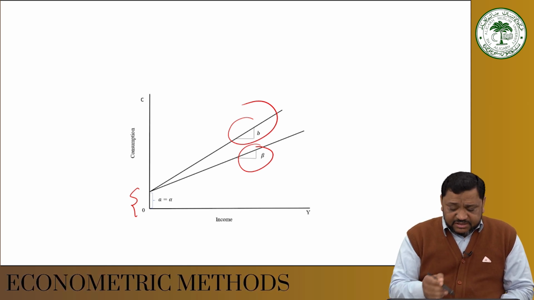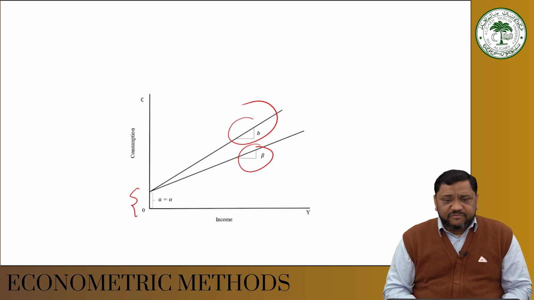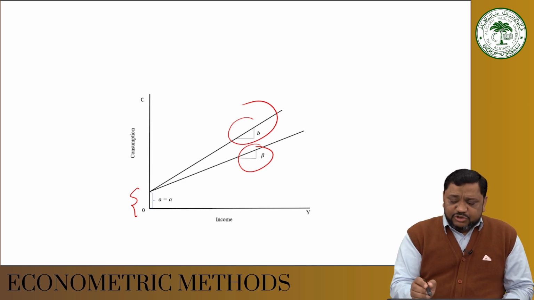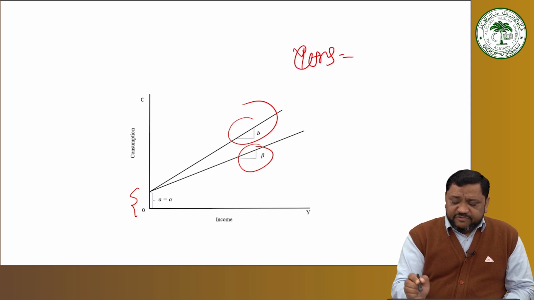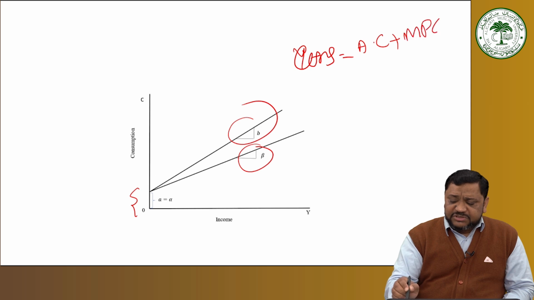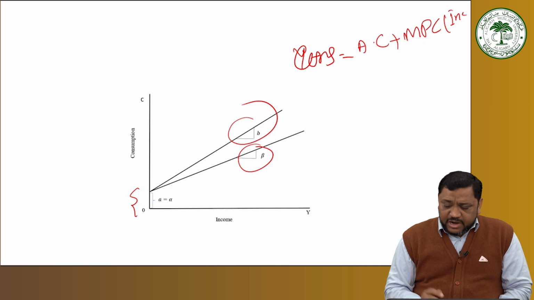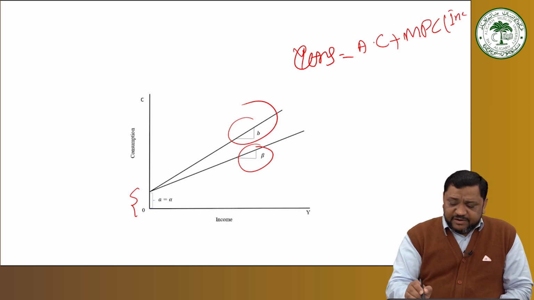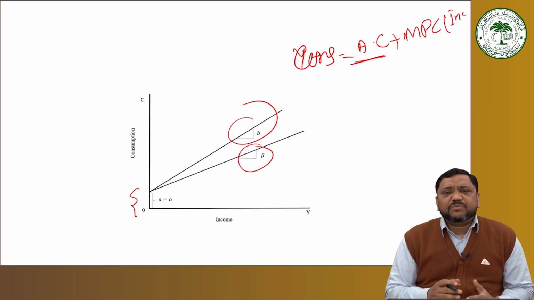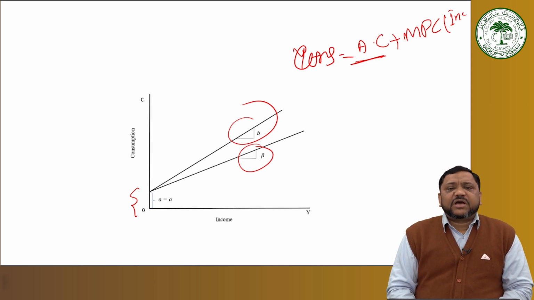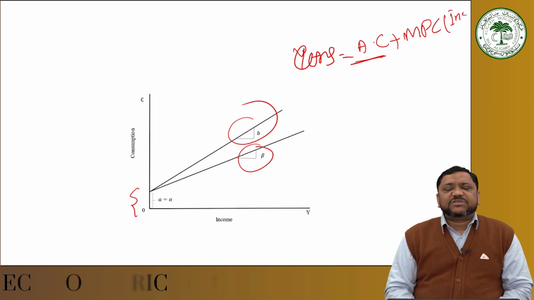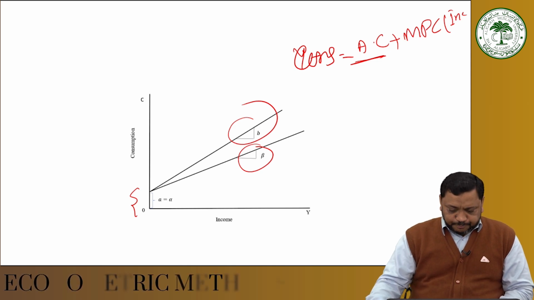Checking a consumption income relationship, consumption is autonomous consumption plus marginal propensity to consume multiplied with income. So we can say that in both periods the autonomous consumption component was the same. What was different was the marginal propensity to consume.